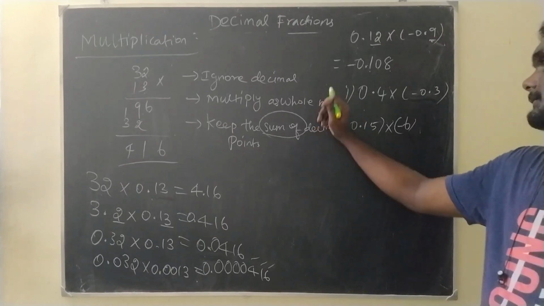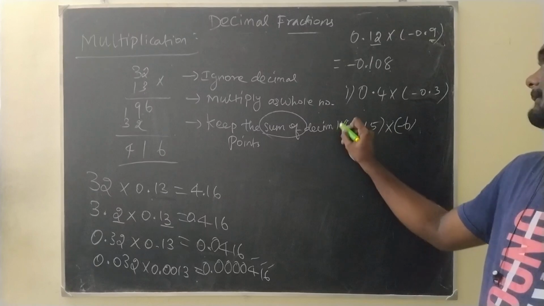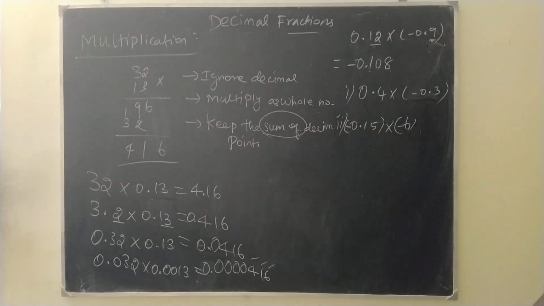This is the second question. Minus 0.15 into minus 6.